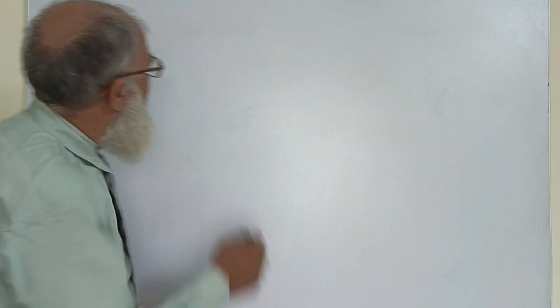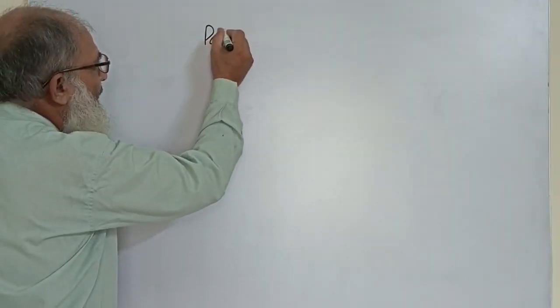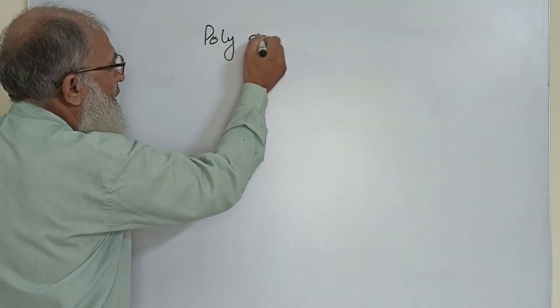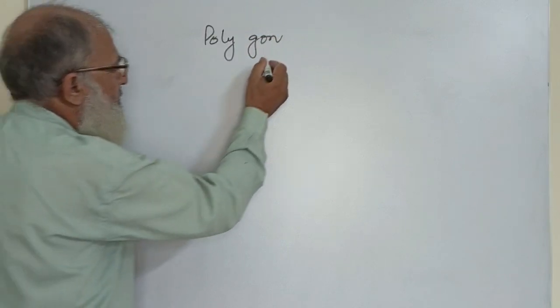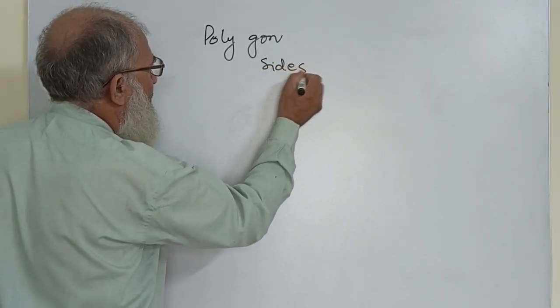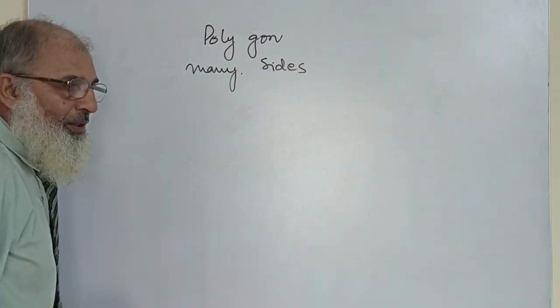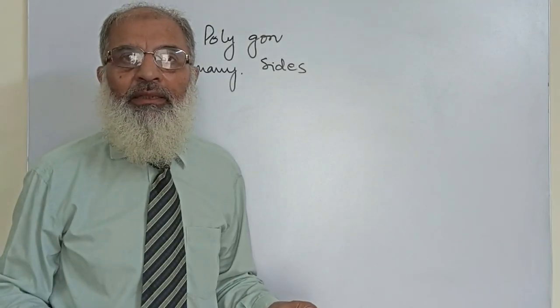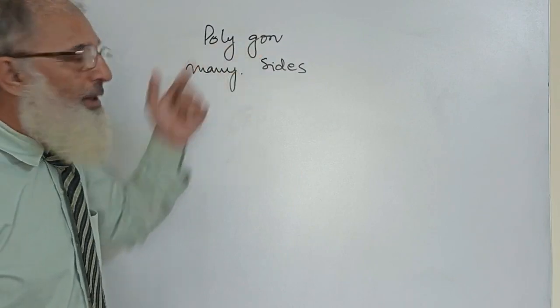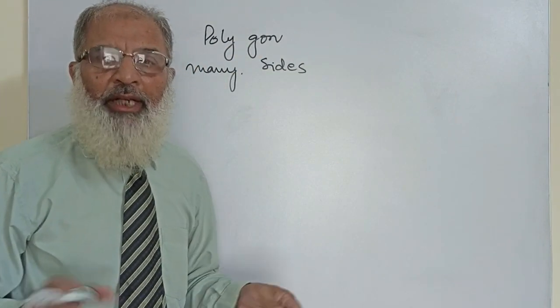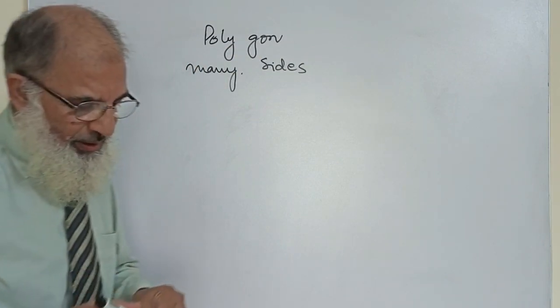Now, poly means many. What does poly mean? Many, and gon means sides. Many sides. You must have heard this word poly prior to many words as well.